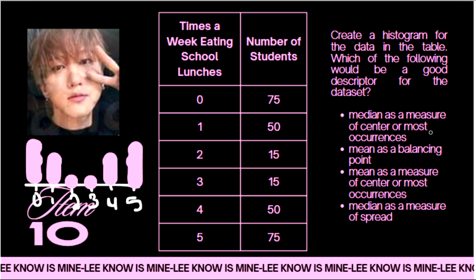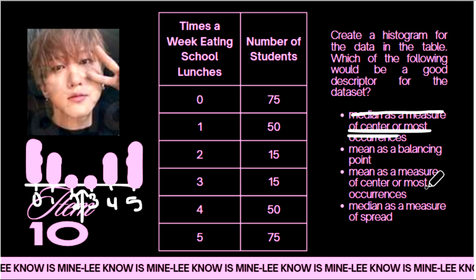So to say either or, yeah, I guess it would be right, but let's see if there's a better one. Mean as a balancing point. So the mean and the median are both going to be the same for a symmetrical graph like this. And this one, we need the balancing point because it's U-shaped. So this one is already being more accurate than this one. So let's get rid of this one.